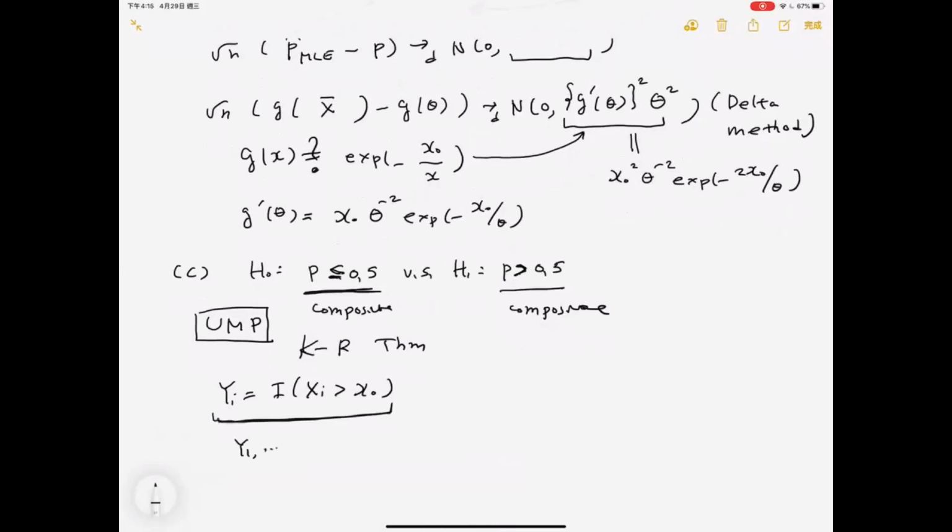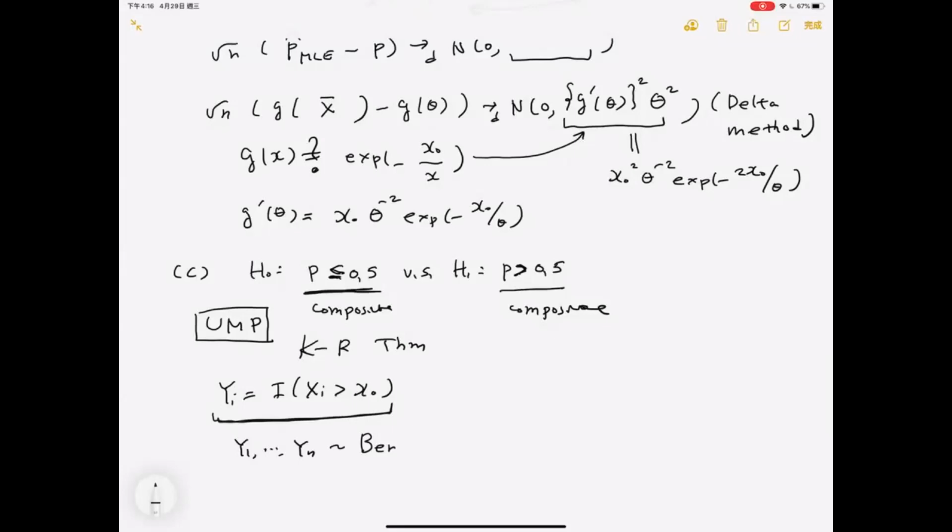And not surprisingly, the distribution of Yi is nothing but Bernoulli, right? Because of that indicator function, the only possibility is Bernoulli.